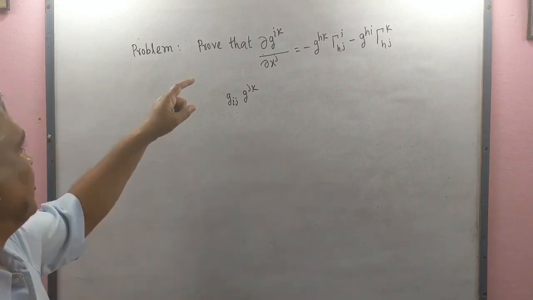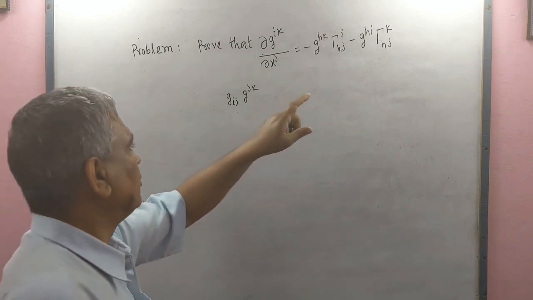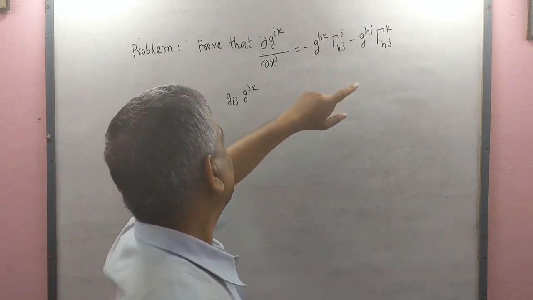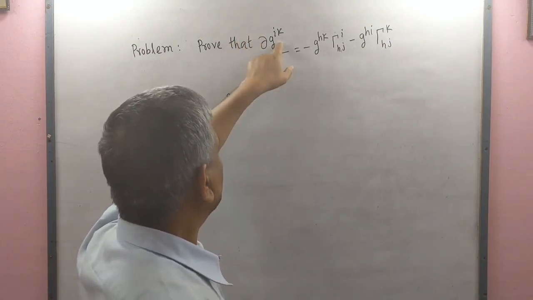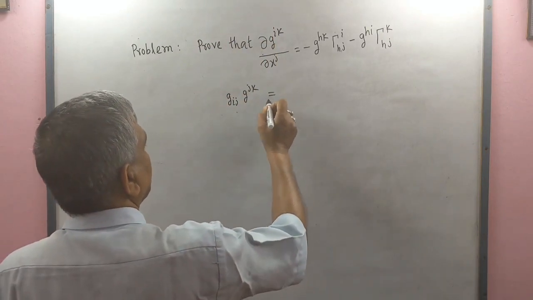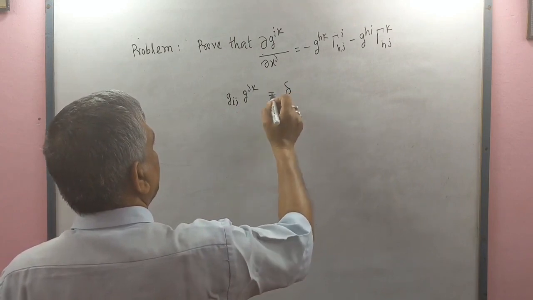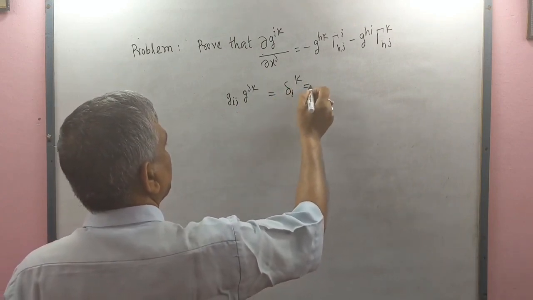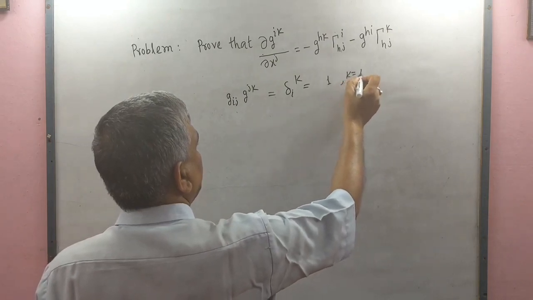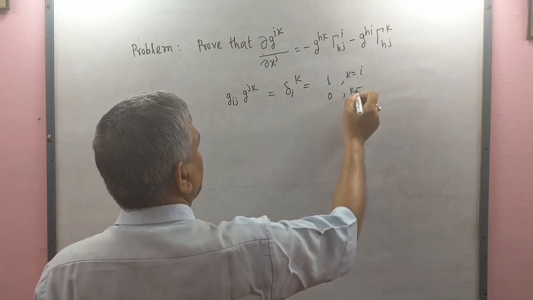Now we shall prove another problem in which we get on both sides Christoffel symbol of second kind and here conjugate tensor. Since we know that g^ij g_jk equal to delta i k, this equal to 1 for k equal to i, 0 for k not equal to i.